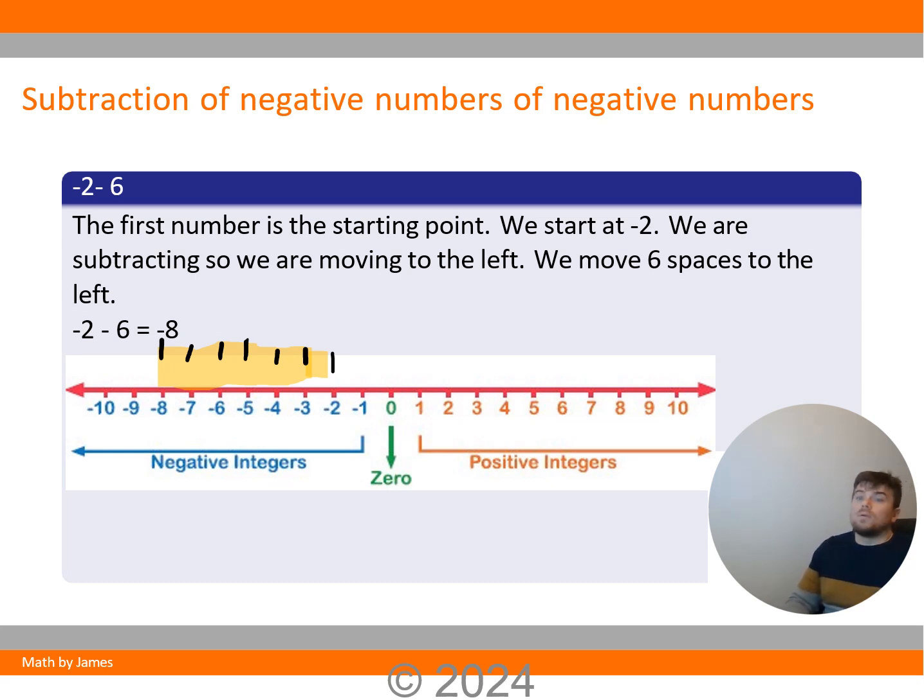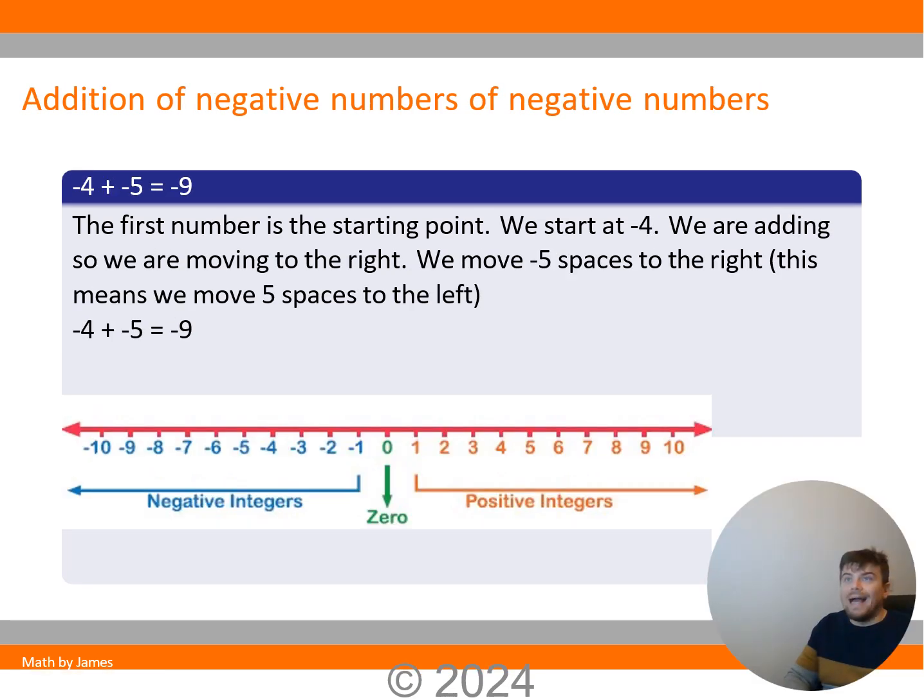We can look at all sorts of examples, but using the number line is a really good place to start with these. So, addition of negative numbers. This is really important again. Minus 4 add minus 5. So, we start at negative 4, and we're adding, so we move to the right.